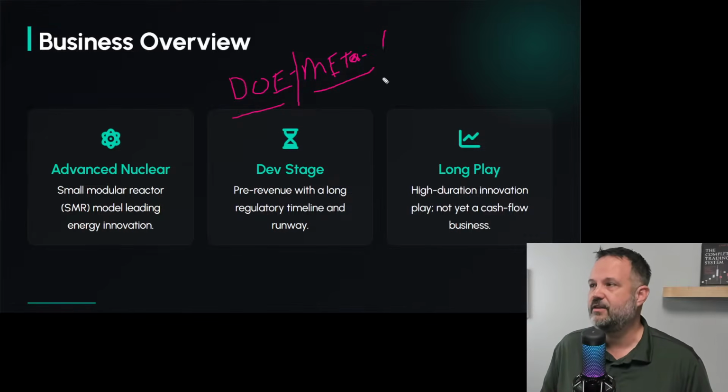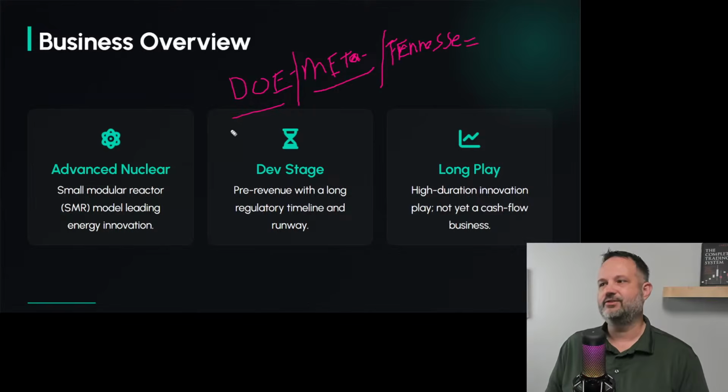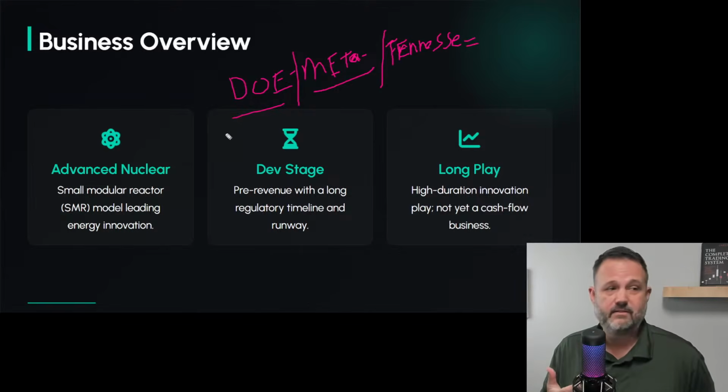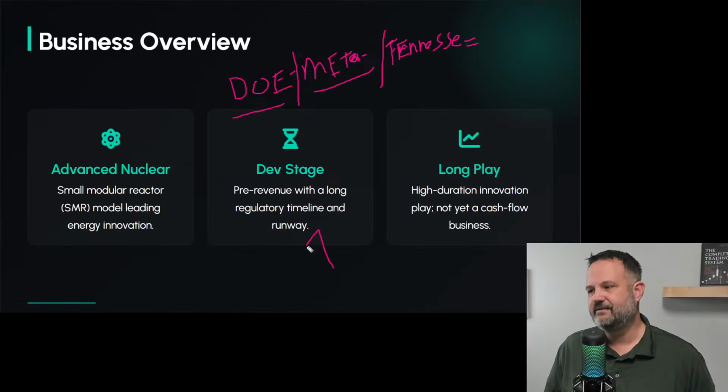And then they have another deal with some other countries, right, to develop some places, right? And they have a big, huge facility that they have a deal in the works for in Tennessee. So they got a lot of deals, okay? A lot of deals. So I'm just going through the overview here, right? But it is in development.